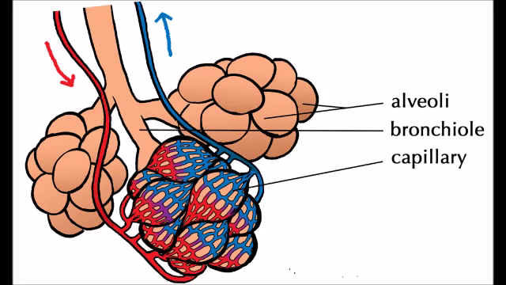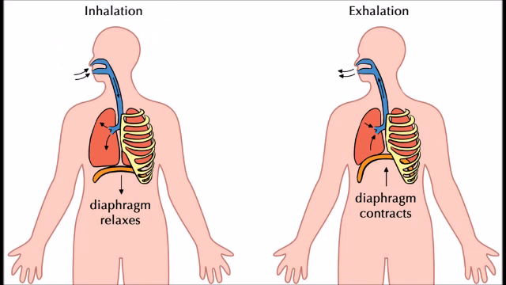As the air reaches the alveoli, it's already moist, and the respiratory membrane that forms the alveoli is also moist. The moisture enables oxygen diffusion. The respiratory membrane is only one cell layer thick, so there is little distance between the air in an alveolus and blood in capillaries. Oxygen diffuses into the bloodstream while carbon dioxide diffuses into the alveolus.